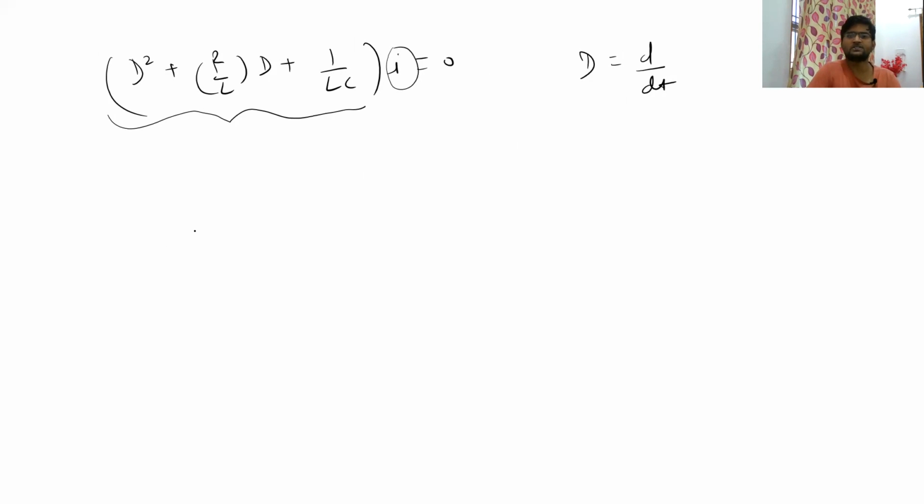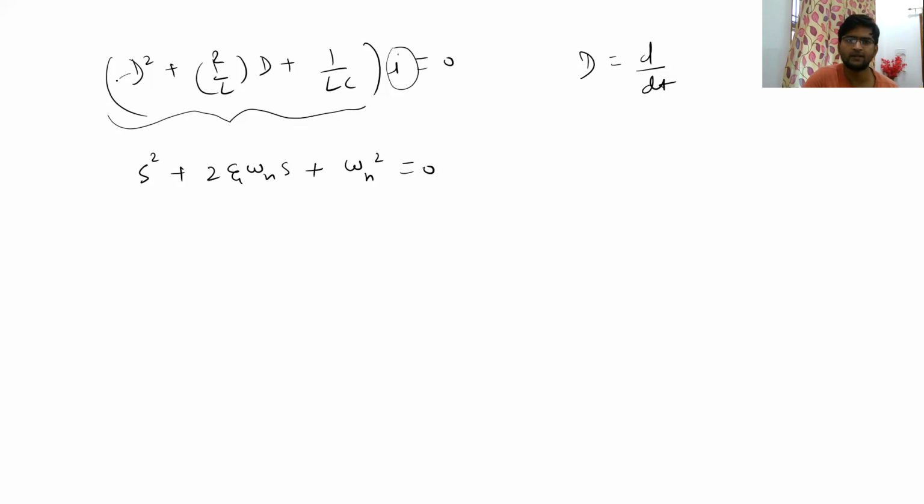So there is a standard form in which we write any differential equation, which you are going to study in more detail in control systems. So I'm not going to go deep into it, but I'm just writing the standard form of a second order differential equation, which is like this: s square plus 2 zeta omega n s plus omega n square is equal to 0.